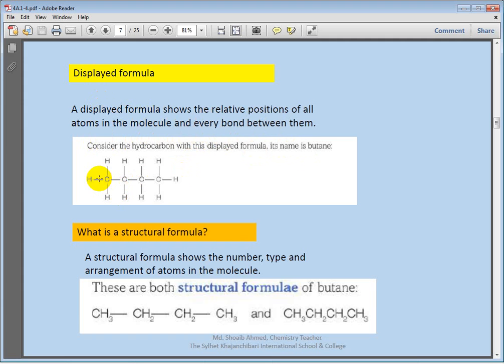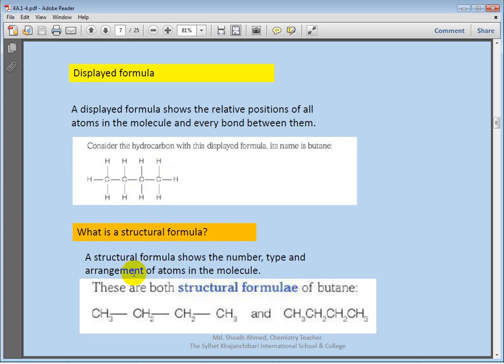This is carbon hydrogen bond, carbon hydrogen bond, carbon hydrogen bond, carbon carbon bond, carbon hydrogen bond. All bonds are shown in a displayed formula.